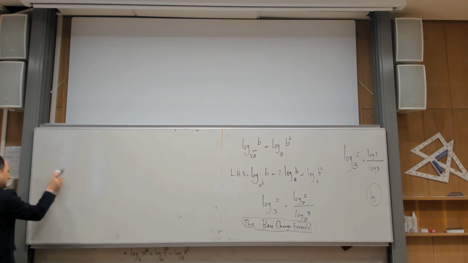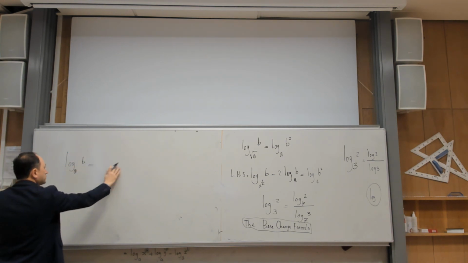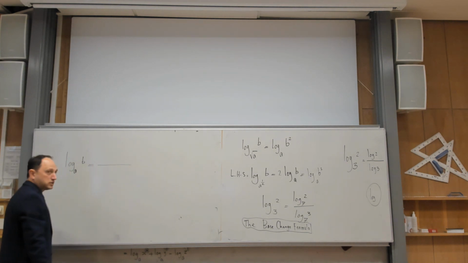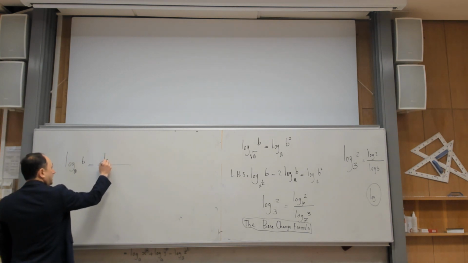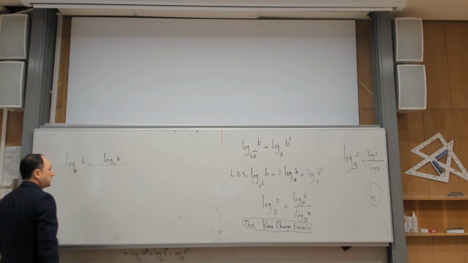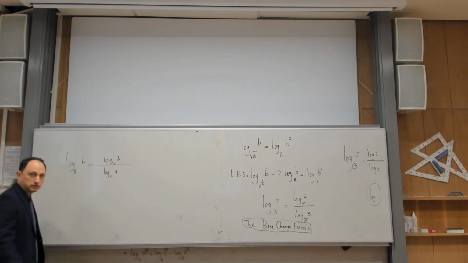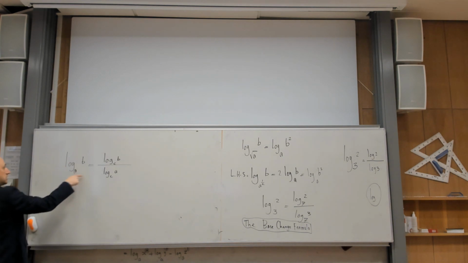So, for example, assume that I have log of b in base a. If I want to, I can switch to another base. But I have to write the log of this number in the base that I like, divided by the log of the base in the new base.